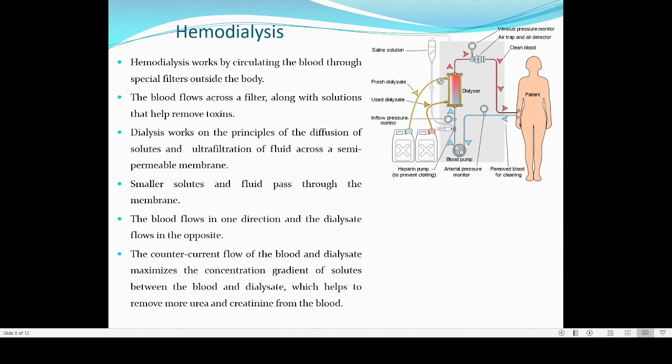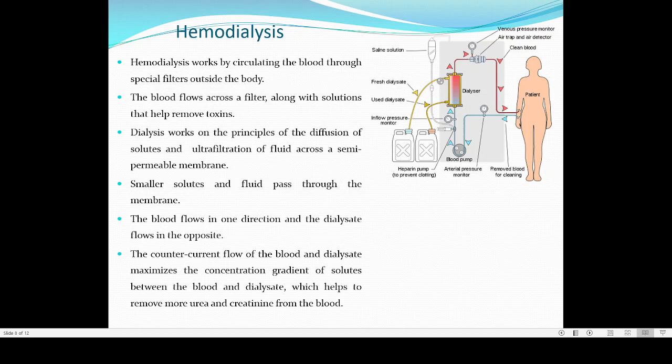This is the tube carrying the blood. When blood moves through this tube, impurities like urea, creatinine, etc. pass through this semi-permeable membrane and dissolve in the dialysing fluid.